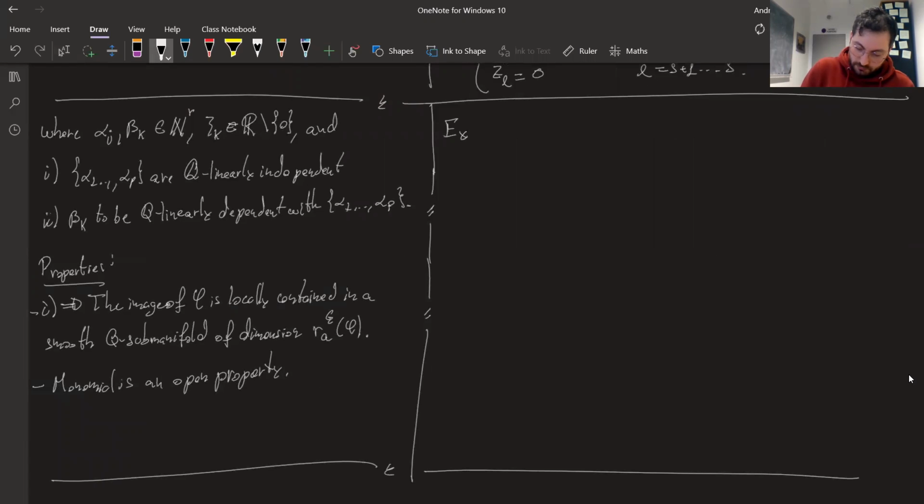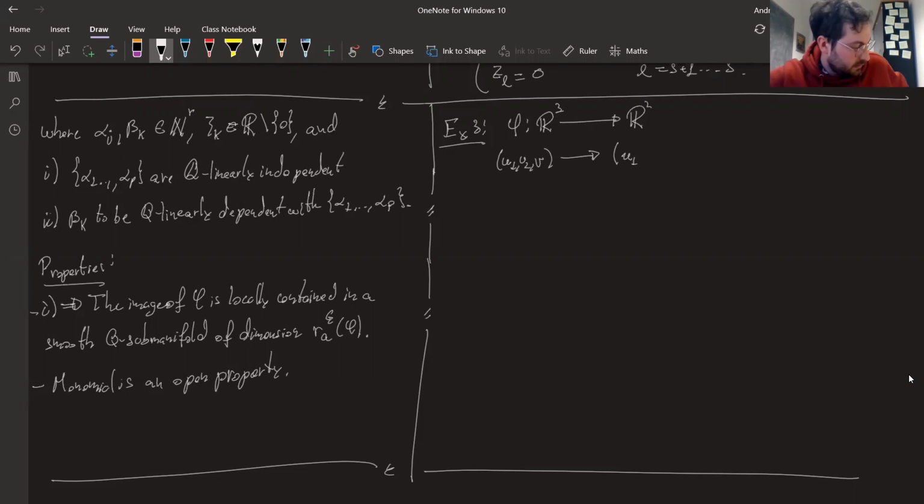We take a morphism from R3 to R2. Let me take U1, U2, V, and send it to U1 squared U2, U1 squared, U2, V plus 1, because why not?